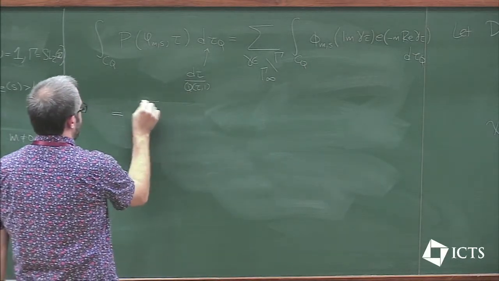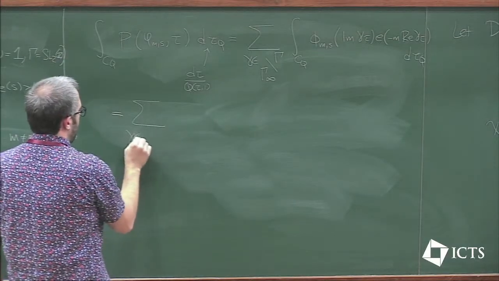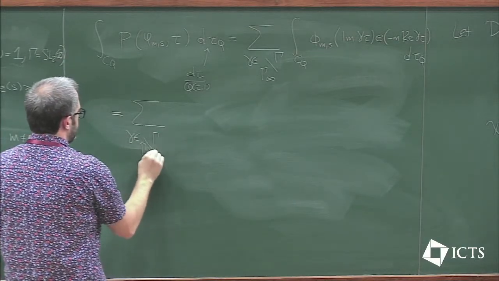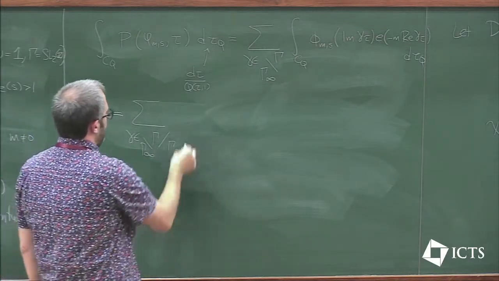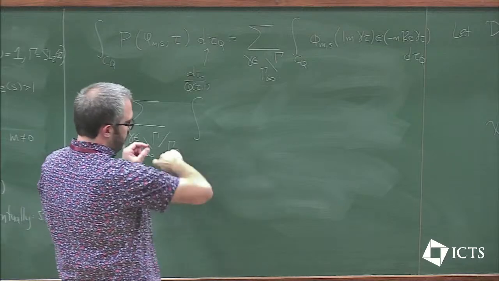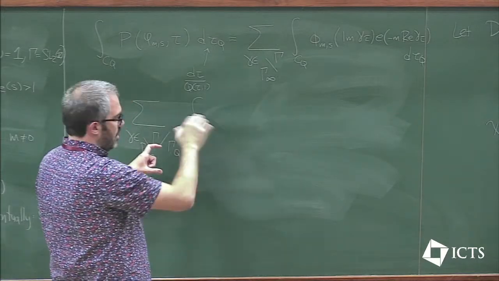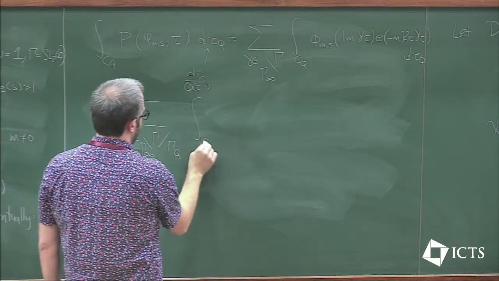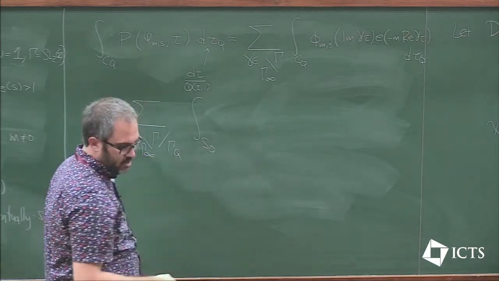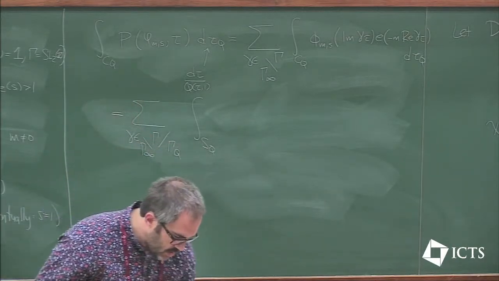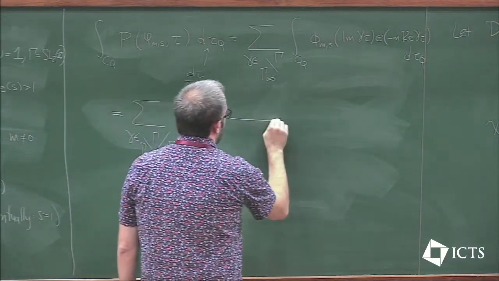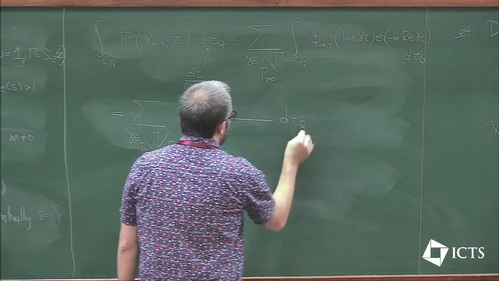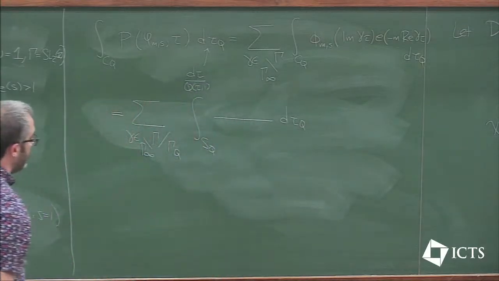The way to do that is to just mod out on the right by gamma q, and that's going to sum all of the different CQ representatives that we have until we get SQ. The integrand didn't change, so I'm not going to write it over and over again.